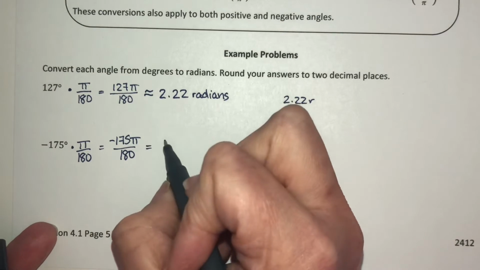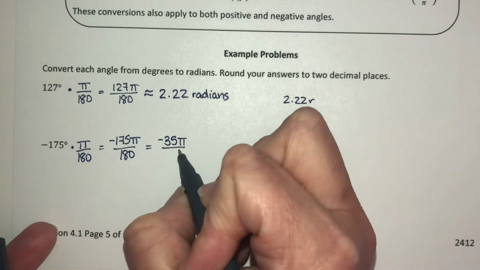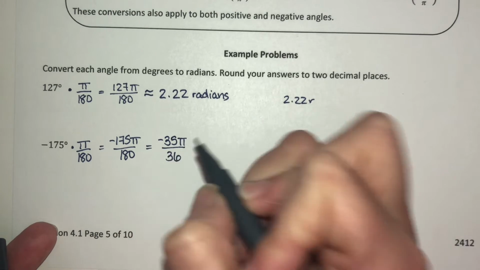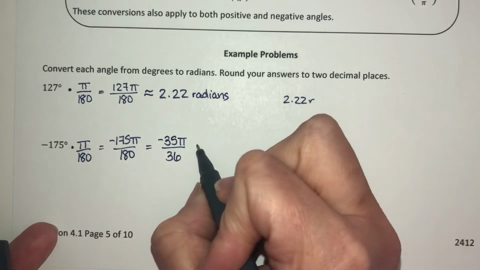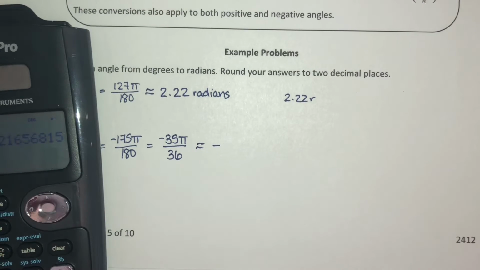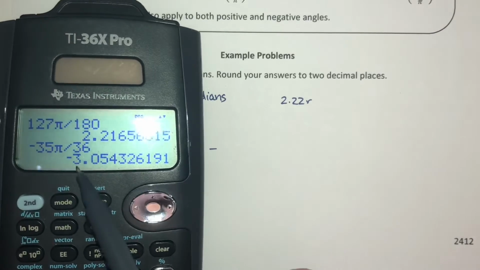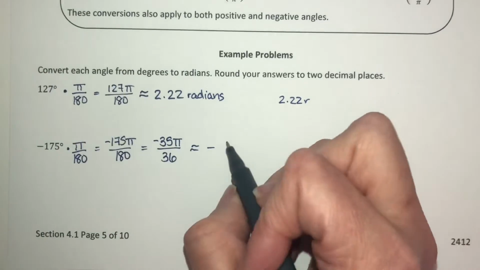And it reduces to negative 35 pi over 36. And let's get an approximation of this. It's going to be negative 35 pi divided by 36. And I get approximately negative 3.05.